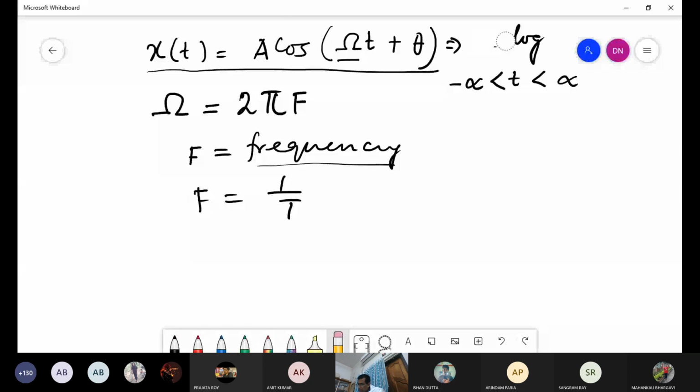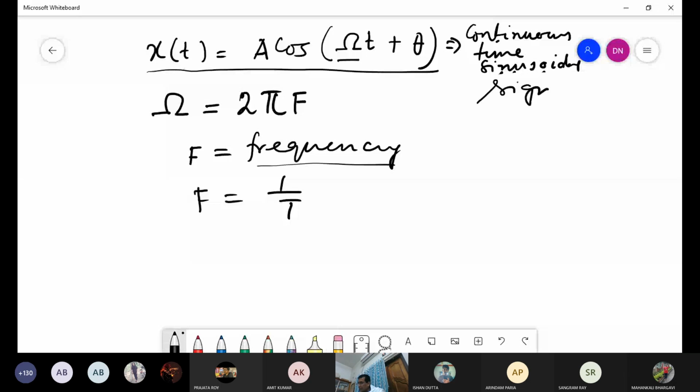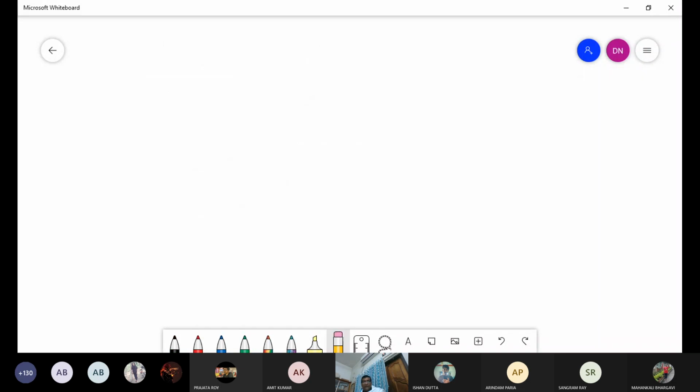It is more appropriate if you write continuous time sinusoidal signal. Continuous time sinusoidal signal. Clear? Now let us see, what about the discrete time sinusoidal signal?